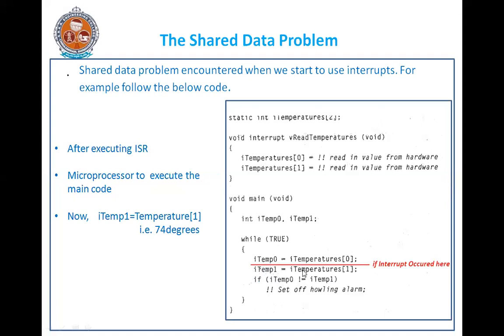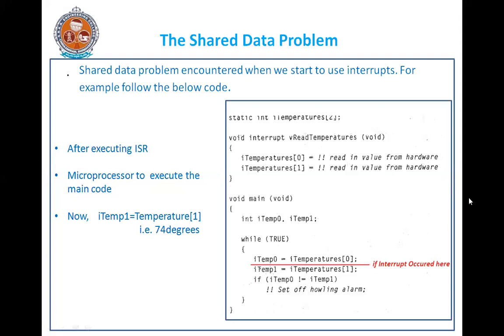Now the function is executed again, and iTemperatures 0 and iTemperatures 1 are both recorded once again. But the temperature has changed to 74 degrees. Before, both were 73, but now it has increased by 1 degree.